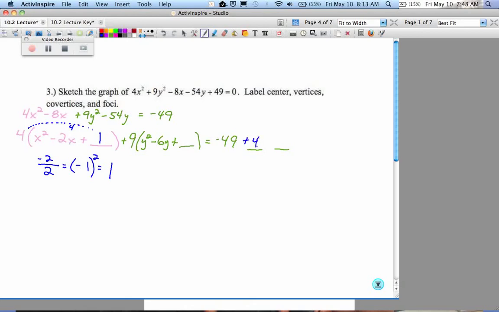Add 4. Then the negative 6 gets divided by 2, and I get negative 3. When I square that, I get 9. By putting 9 there, double check out front, that's really an 81. So if I've added 81 on the left, I also add 81 on the right.